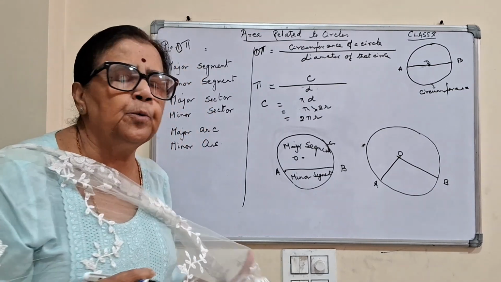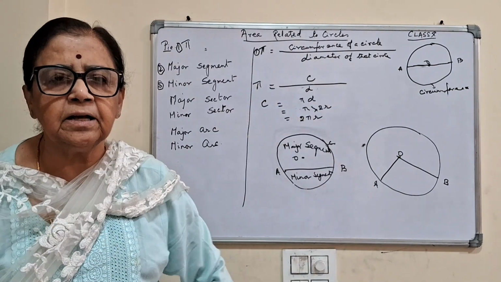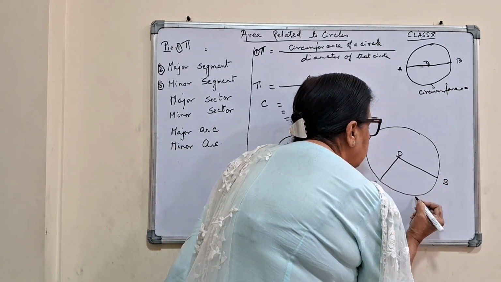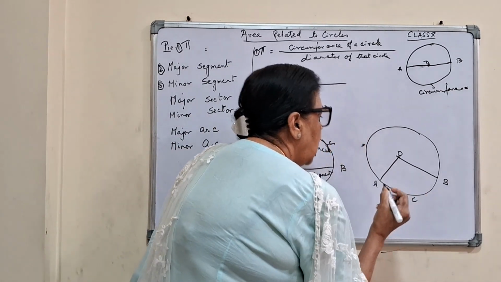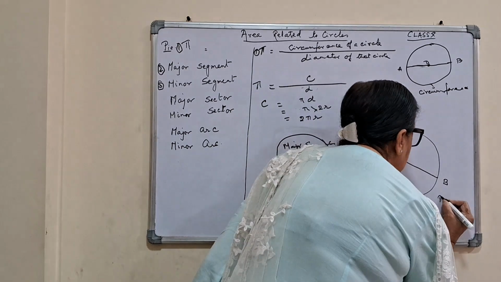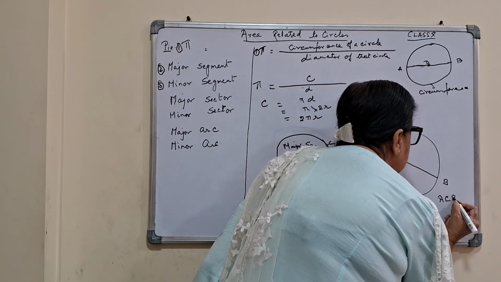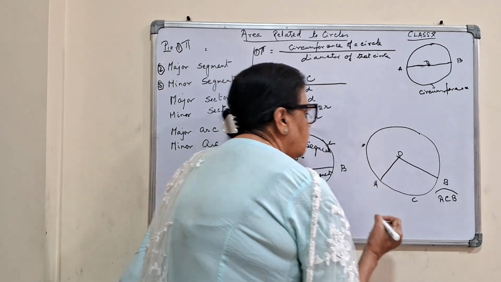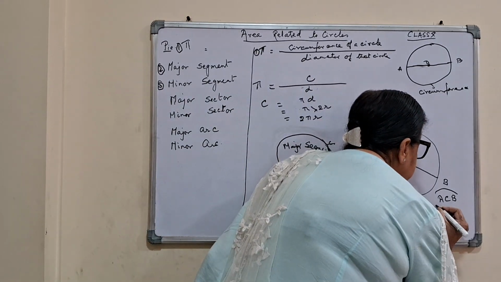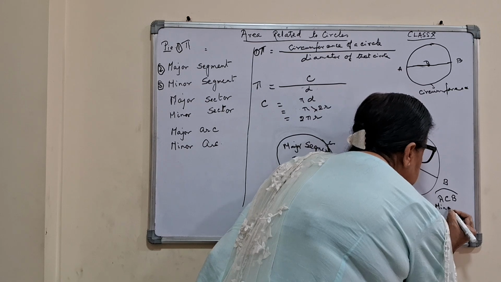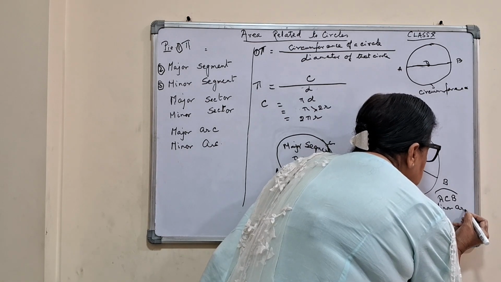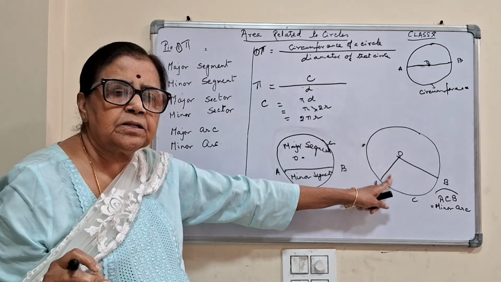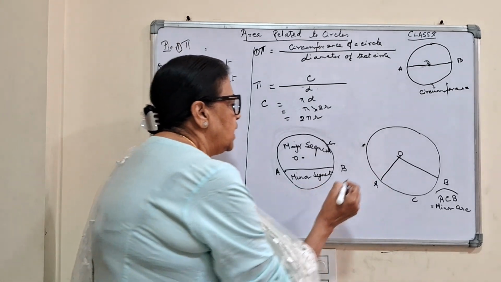Arc. Arc is a portion of a circumference. This is A, C, B, the arc. How do I write it? A, C, B. This is the minor arc. Minor arc means it divides the circle into two parts, and this is the smaller one.